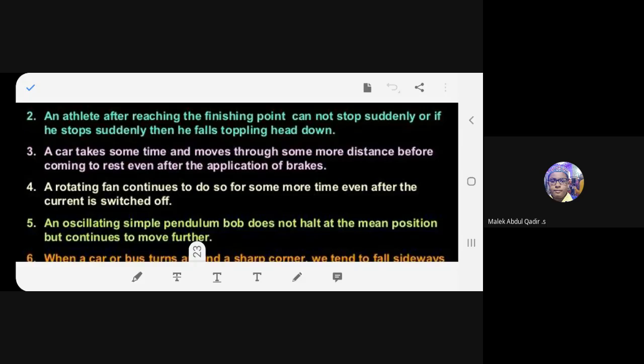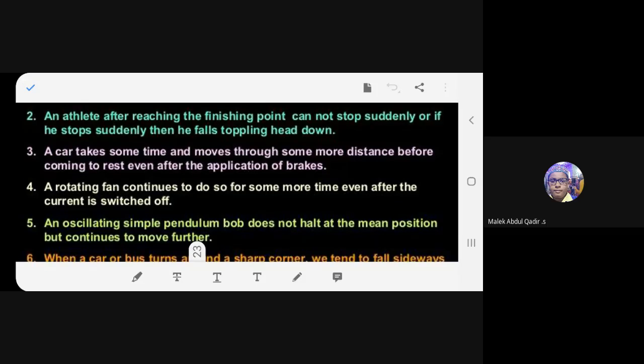Have you observed this? If you run very fast, you have to stop at a certain point. If you try to stop yourself suddenly, you will fall down with your head down. Have you ever tried? So what we do, we don't stop suddenly, but we keep on reducing our speed, isn't it?